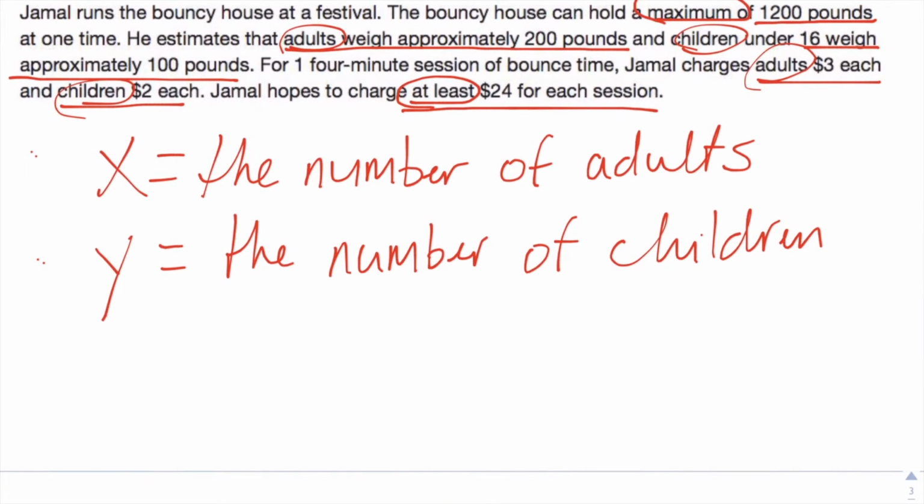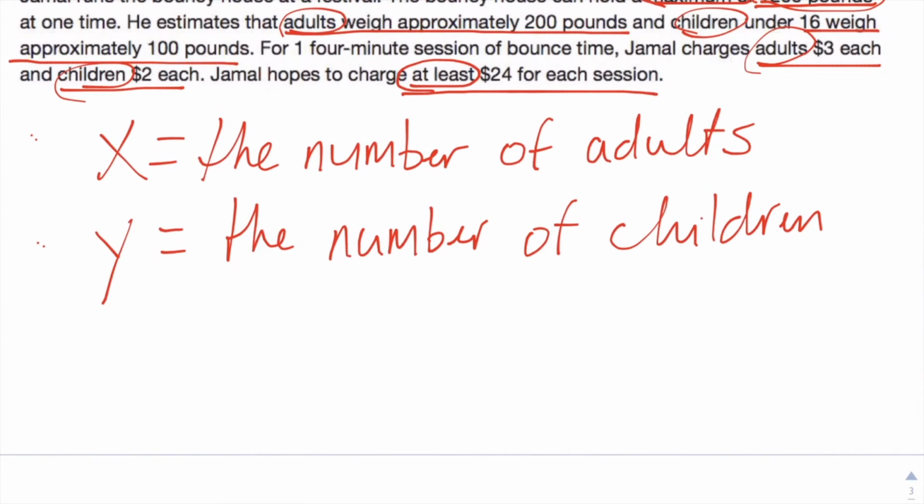So now let's go ahead and put the system of linear inequalities together. Sorry, a little mumbly. So the first one here, let's look at this information. Adults weigh approximately 200 pounds. So let's go ahead and do 200, that's 200 pounds times the number of adults, plus, how much do the kids weigh?